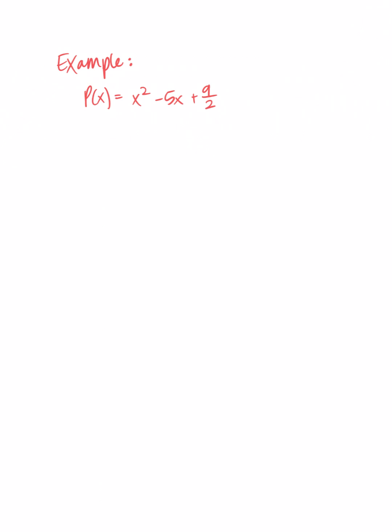We know it has degree 2 since it's quadratic, and so we could use the quadratic formula to take a look at the zeros or the roots of the polynomial. So we do that as quick as possible.